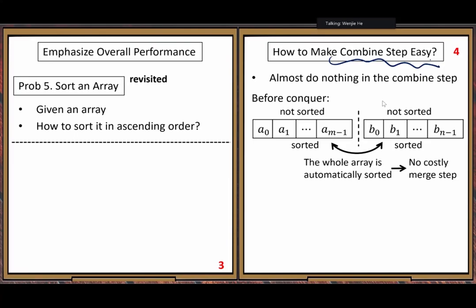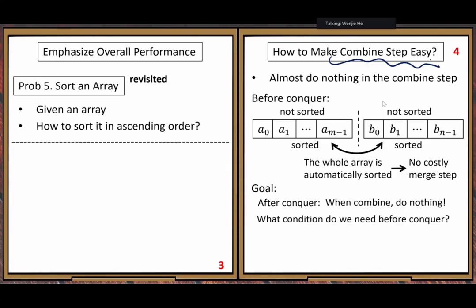We can make an assumption here. Under what assumption could this situation happen? When combine does nothing, that is our goal. So what condition do we need before conquer?